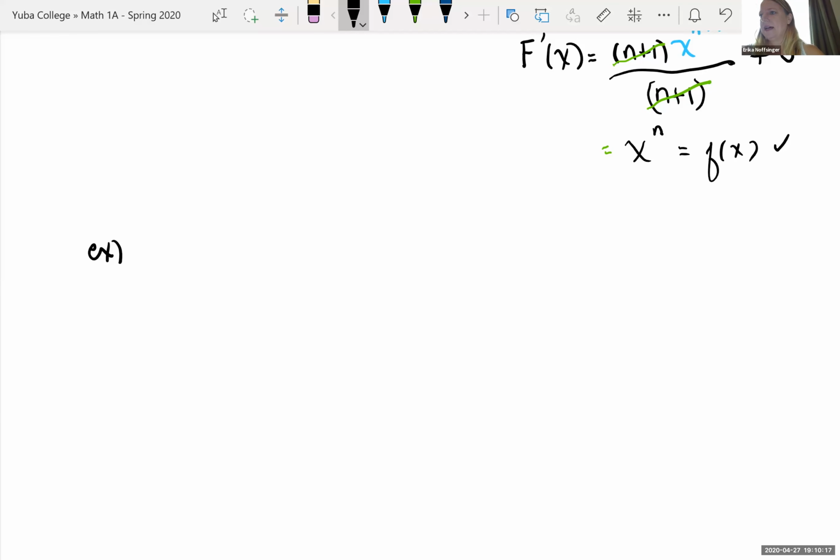Let's say we're trying to find the antiderivative of, how about, 1 over x squared minus x squared minus 1/3 dx.